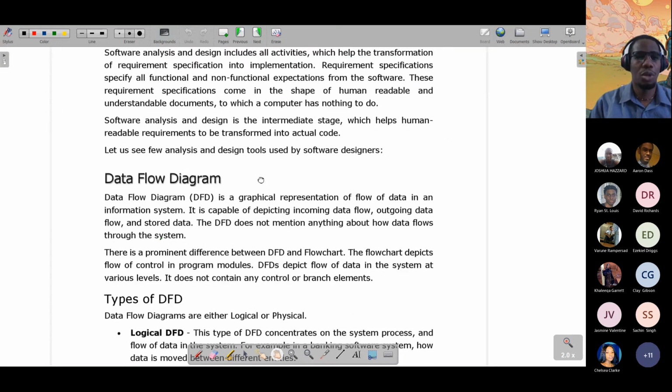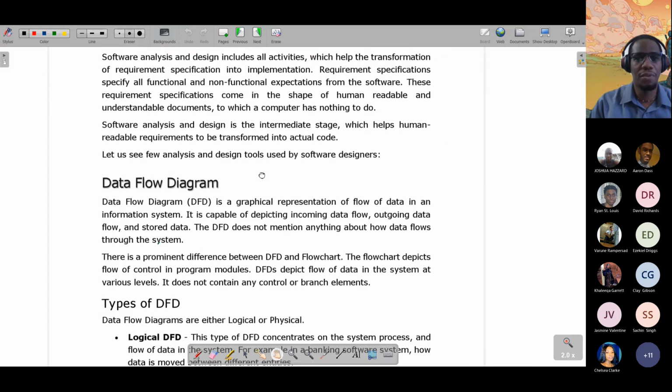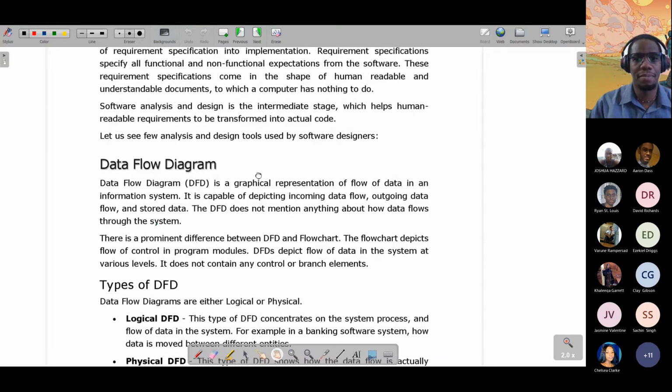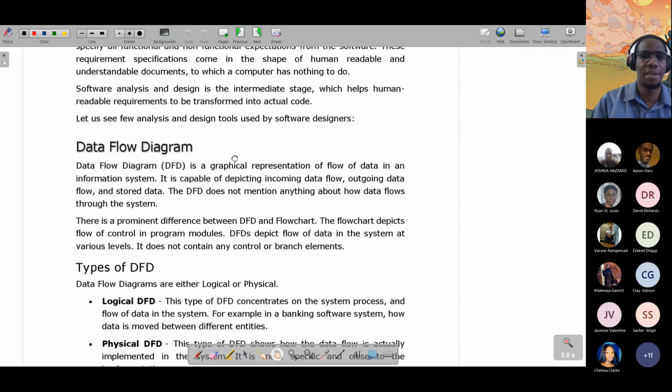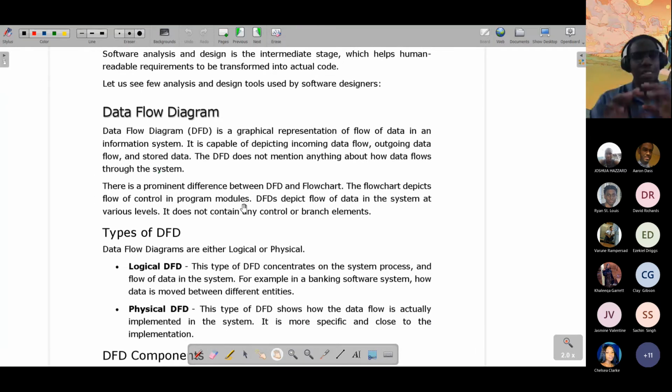Okay? So your data flow diagram is a graphic representation of the flow of data in an information system. So we're generally looking at this information system, and we're seeing how data changes into information by passing through our system. Okay?